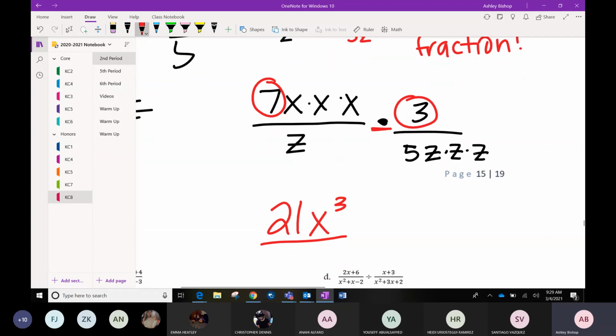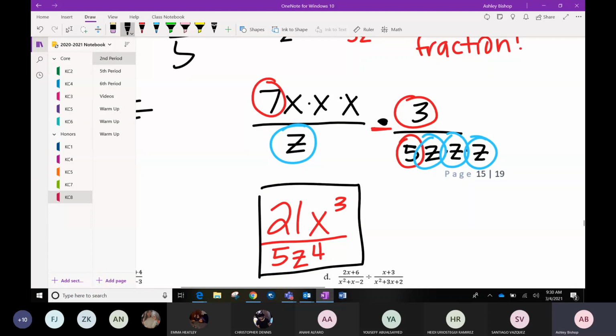That's just what I have left on top. The number on bottom that I have is 5. The number goes in the front, so 5. And then I have a total of 1, 2, 3, 4 z's on bottom. I have 4 z's on bottom, so z to the 4th. 21 over 5 does not simplify to anything, so that is my answer.